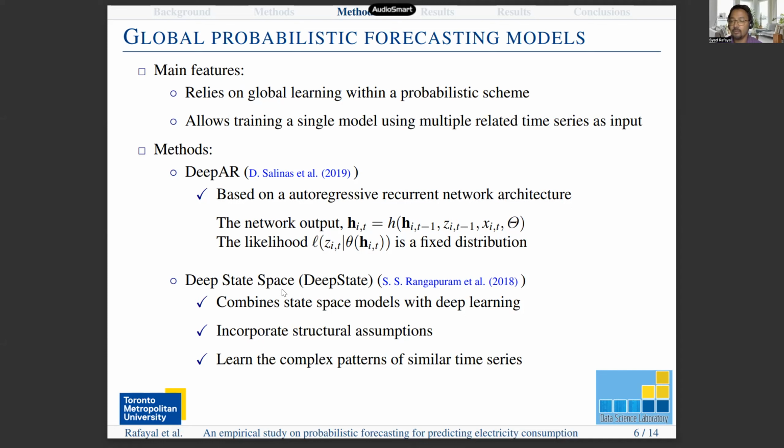DeepState is able to incorporate structural assumptions for forecasting even with a small time series, while traditional state space models such as ARIMA and exponential smoothing can only succeed in these tasks when the data is clearly understood with enough history. On the other hand, similar to deep neural networks, DeepState is able to learn the complex patterns of similar time series by extracting higher order features of a larger dataset.